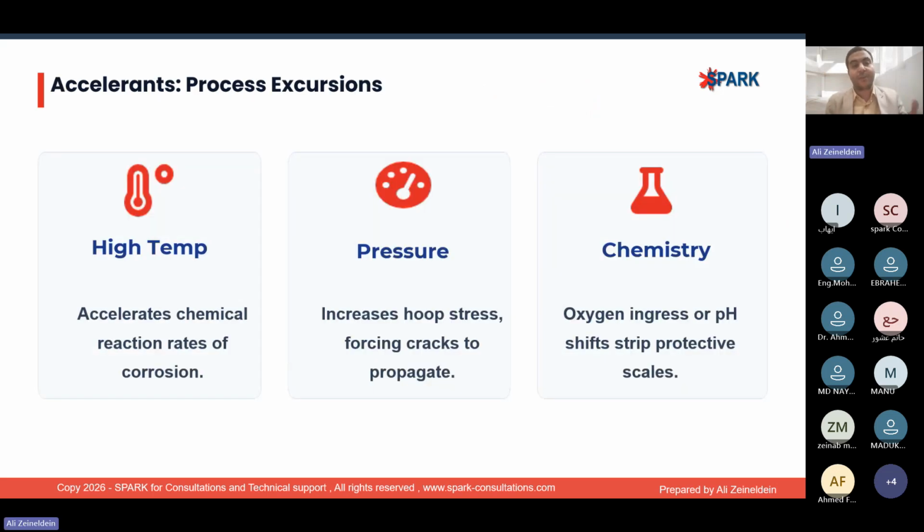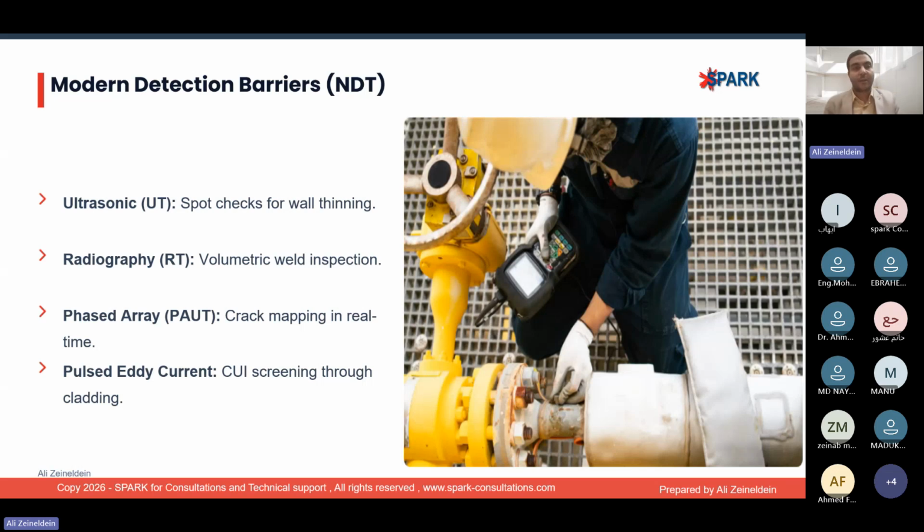This acceleration may be due to some process condition, for example, high temperature, pressure, chemistry, as we explained many times before. Here, this is NDT also. NDT is considered as one of the major players in the inspection effectiveness, as we discussed before.